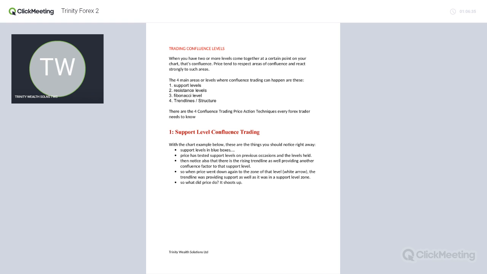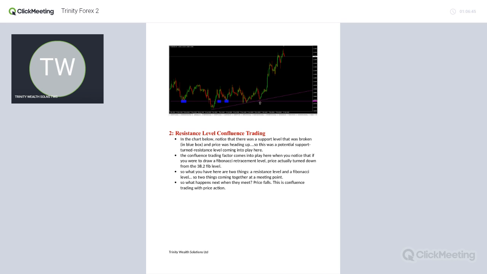So when price went down again to the zone of that level, that is the white arrow, the trend line was providing support as well as it was in a support level zone. So what did the price do? It shoots up, all right? So we're going to see in our chart where all this explanation is.